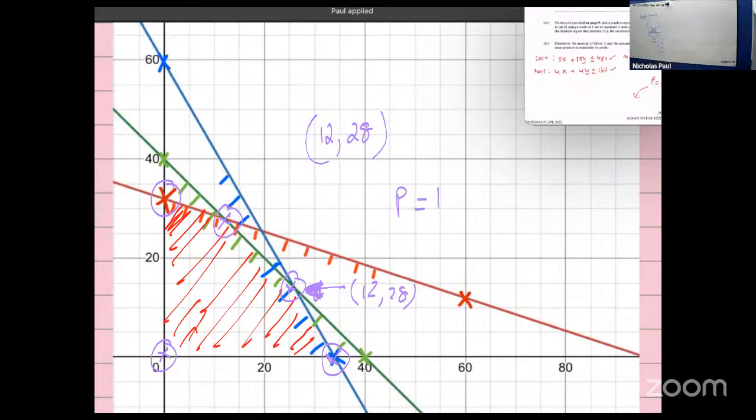Anybody remember? I think it was 130x plus 230y. Was it 130? Yeah, okay. And then you plug it in and you're done.